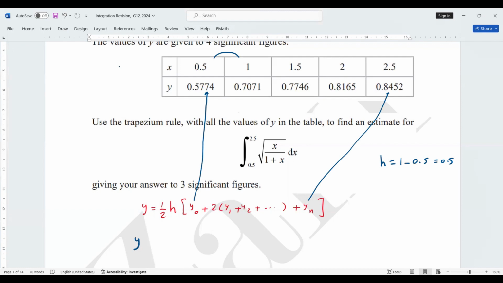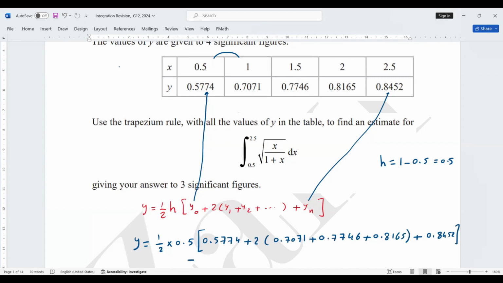Then y equals half multiply h. h is 0.5. y naught is 0.5774 plus 2, open bracket, 0.7071 plus 0.7746 plus 0.8165, close the bracket, plus the last value, 0.8452, close the bracket.